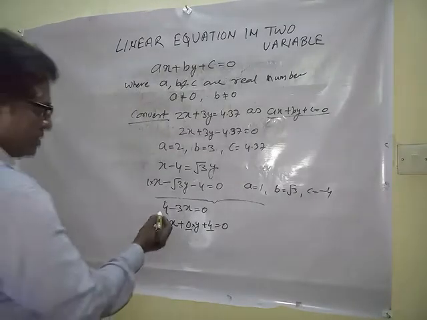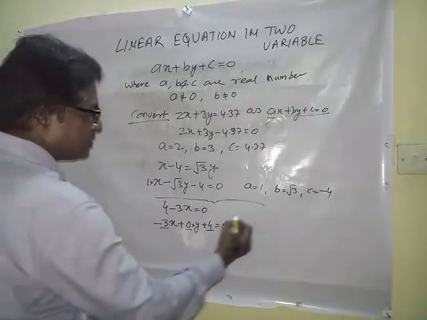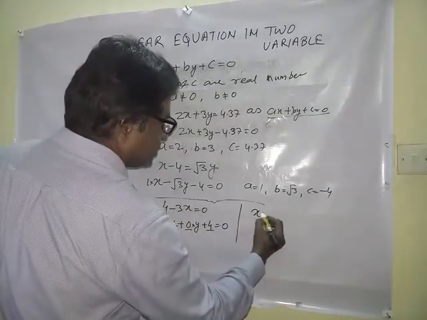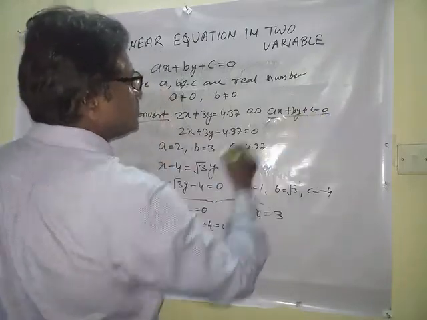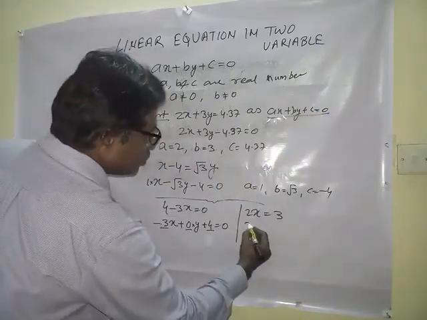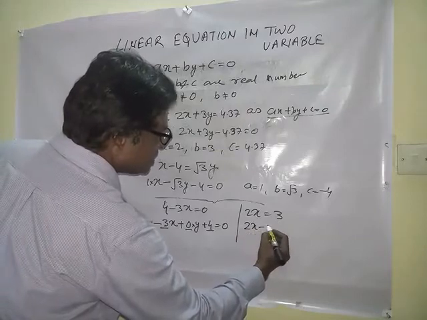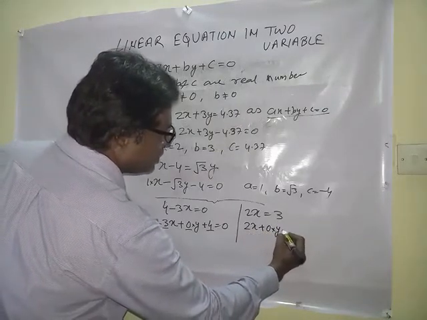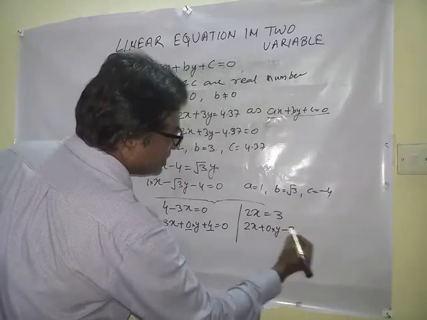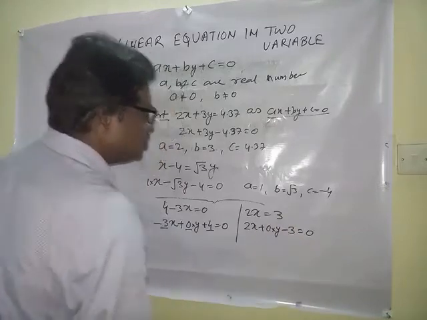Now another, if it is given 2x is equal to 3, convert it into ax plus by plus c. So you can write 2x plus 0 multiplied by y minus 3 is equal to 0, bringing 3 to this side.